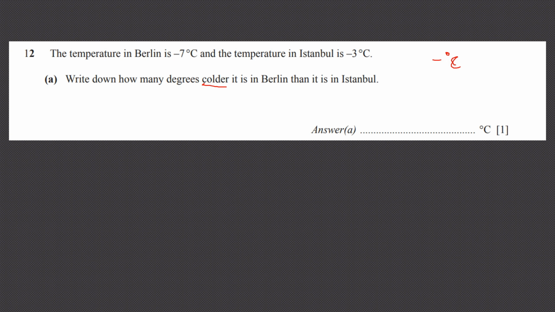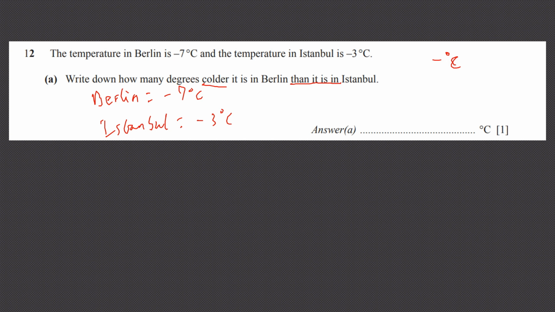So in this case, Berlin equals -7, and Istanbul equals -3 degrees Celsius. So whenever they tell us to write down how many degrees colder it is in Berlin than it is in Istanbul, we compare both of them, or find the difference between Berlin's temperature and Istanbul's temperature.